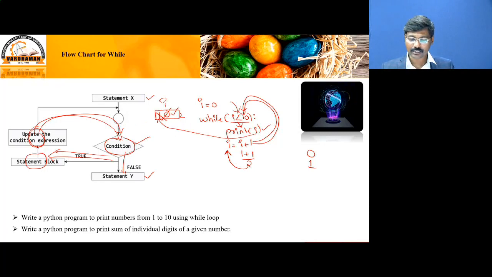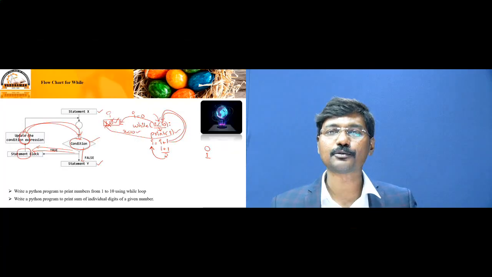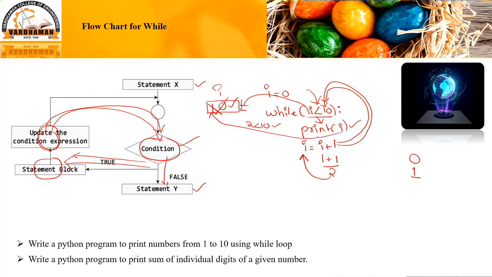Now this time, 2 less than 10. I value is 2 in the computer's memory, so 2 less than 10, the condition is true. The controller will come inside and execute one more time and print I value. What is I value in the computer's memory? I value is 2, that will be given to the print statement. The print statement will print the 2 value on the console.